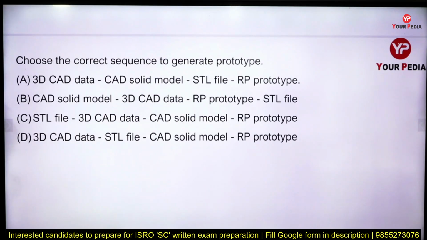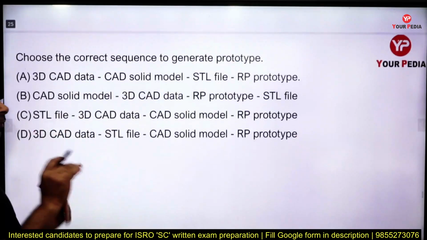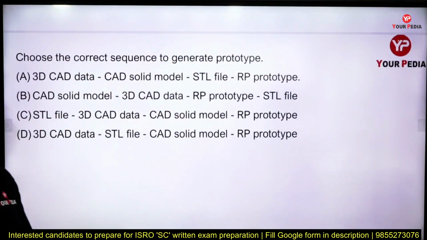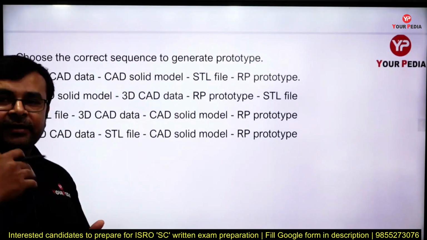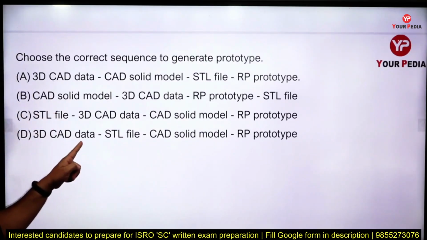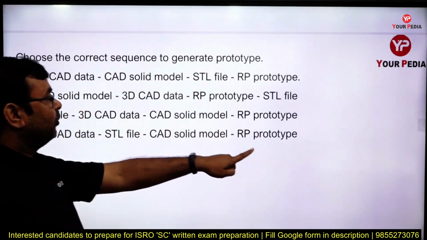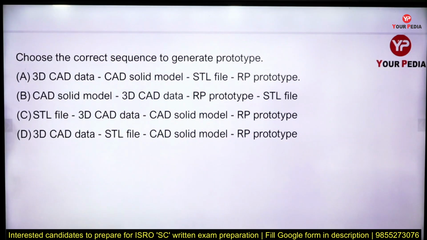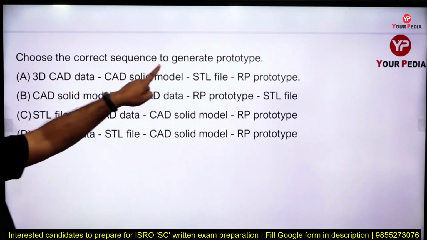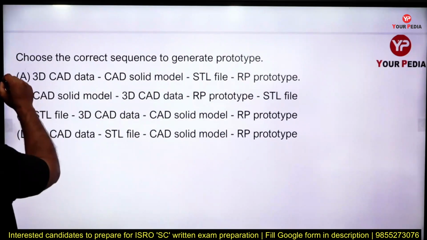Our first step is to create the 3D CAD model, and after that slicing, then STL file formation. So now which one is the correct answer? 3D CAD data, CAD solid model, STL file, and RP prototype. So this is the correct answer.